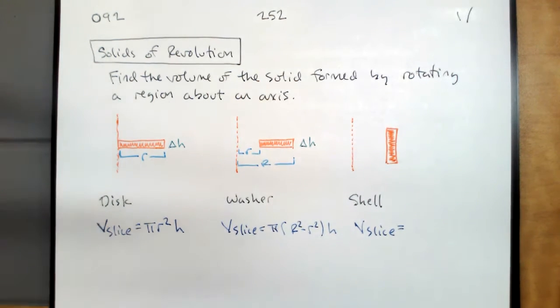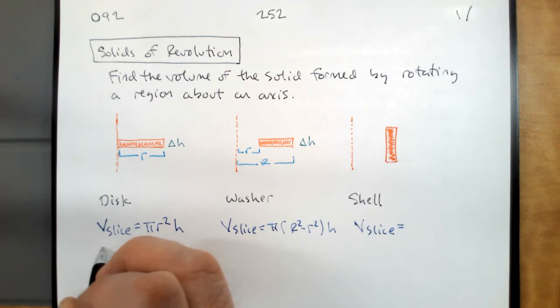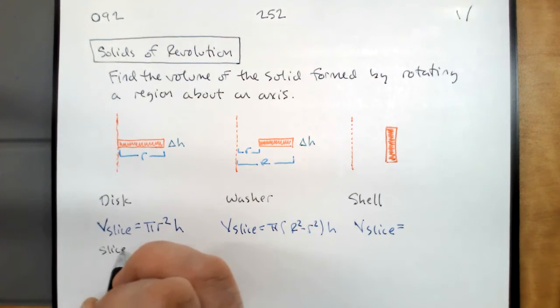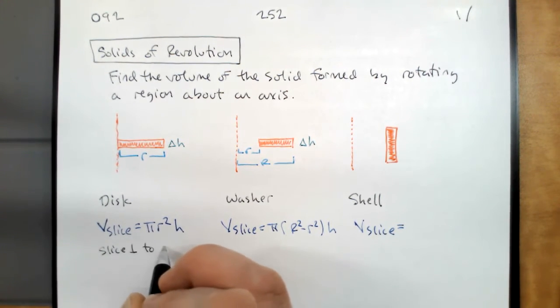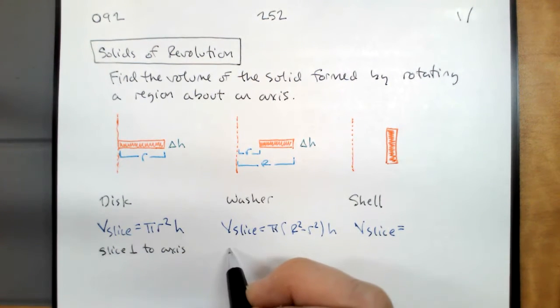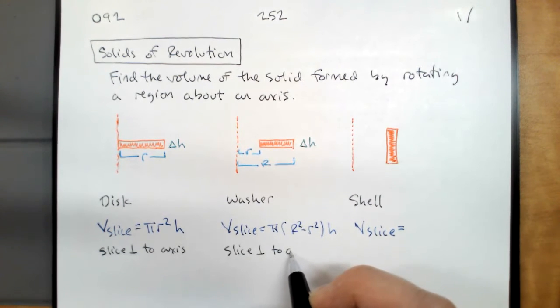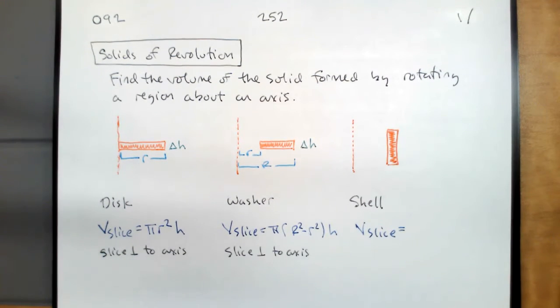So the thinking that goes with discs and washers, we're slicing perpendicular. In both of these cases, we're slicing perpendicular to the axis. In the case of discs, the axis of rotation is a boundary of the region.